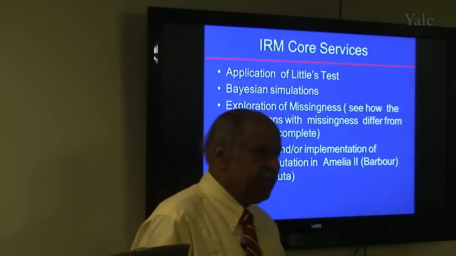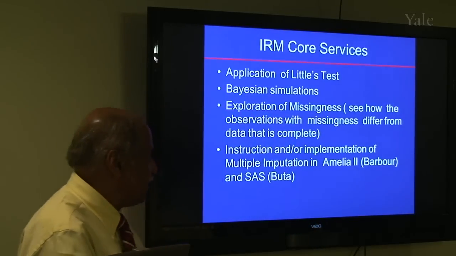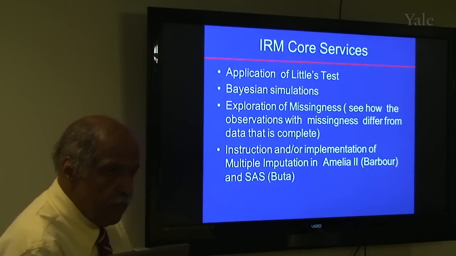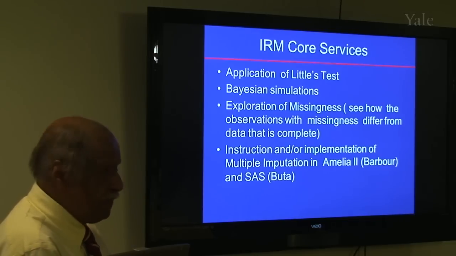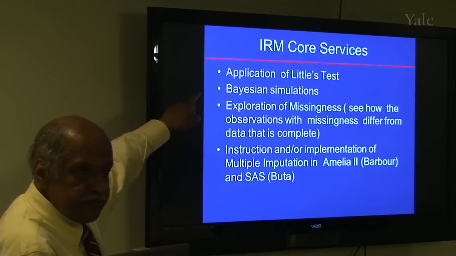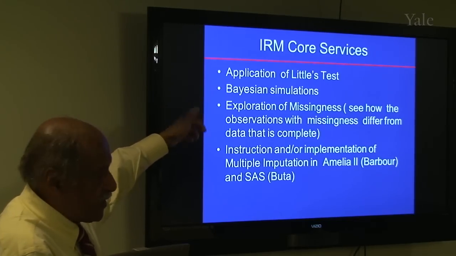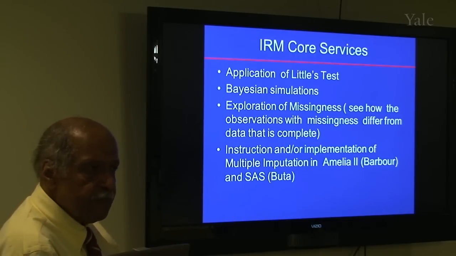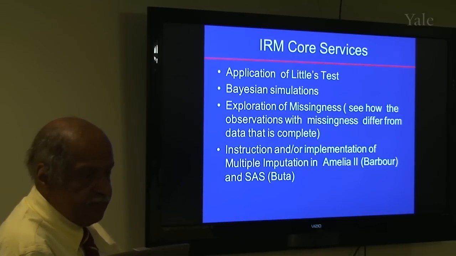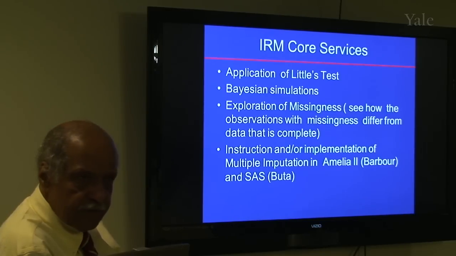Okay, so as I said, the purpose today basically was to let you all know what we can do for you. For any SIRA-affiliated research, we can do a Little's test for you. Just send us the data and the variables that you want us to see, and obviously the outcome and hopefully the explanatory variables.